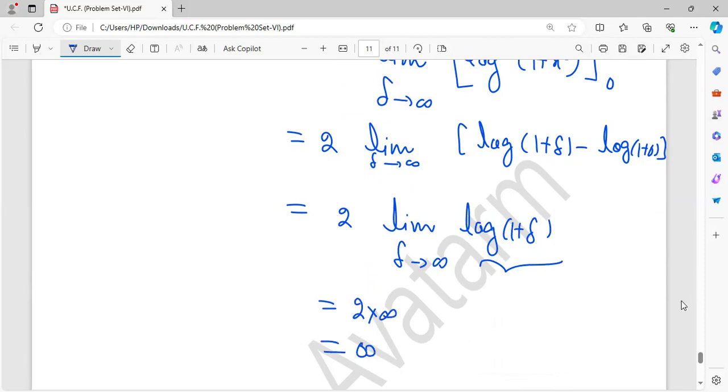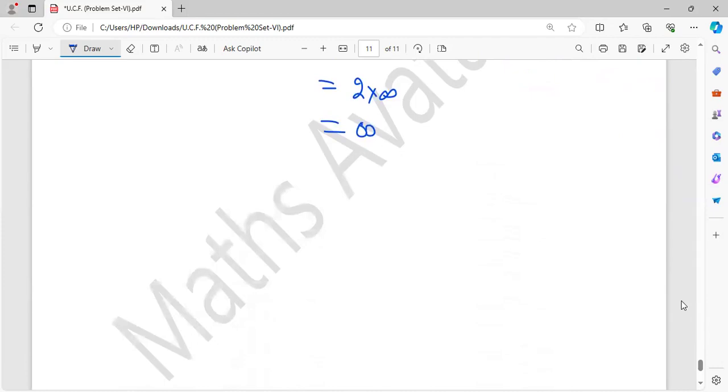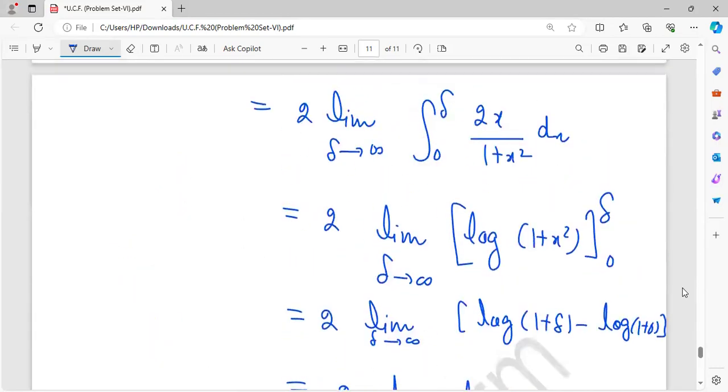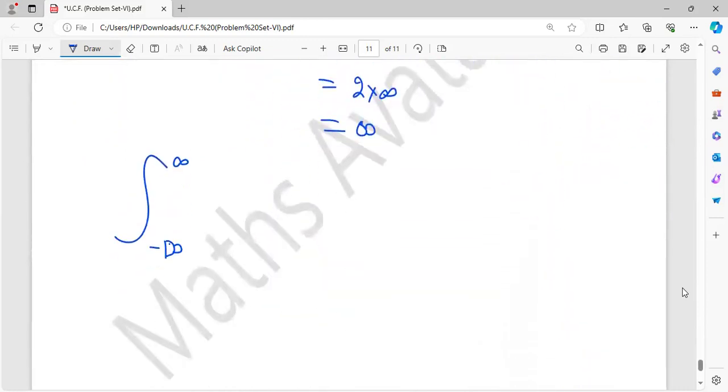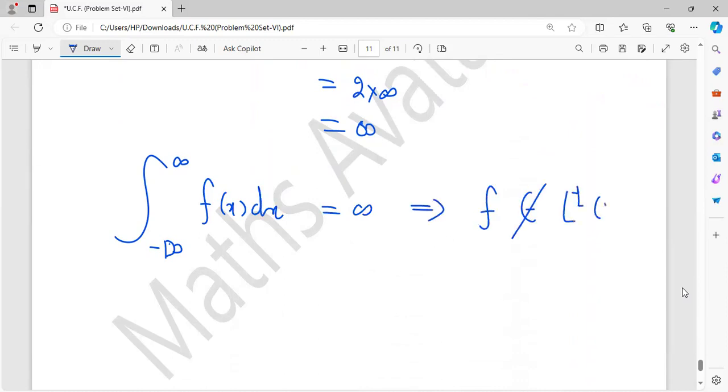So what does it mean? We have the integral from minus infinity to infinity of f(x) dx is infinity. It means f does not belong to L1(R). Now I have checked it for p equal to 1.